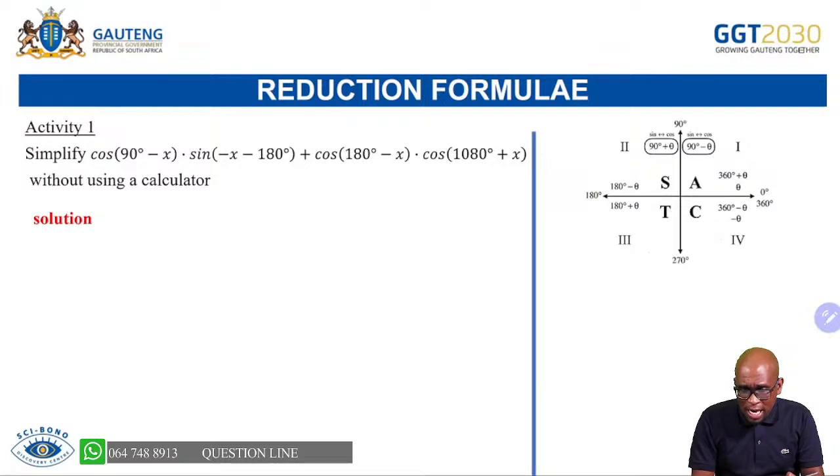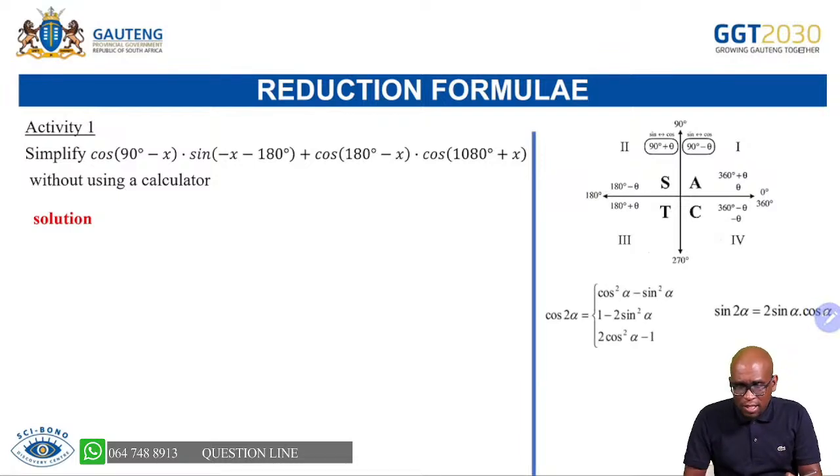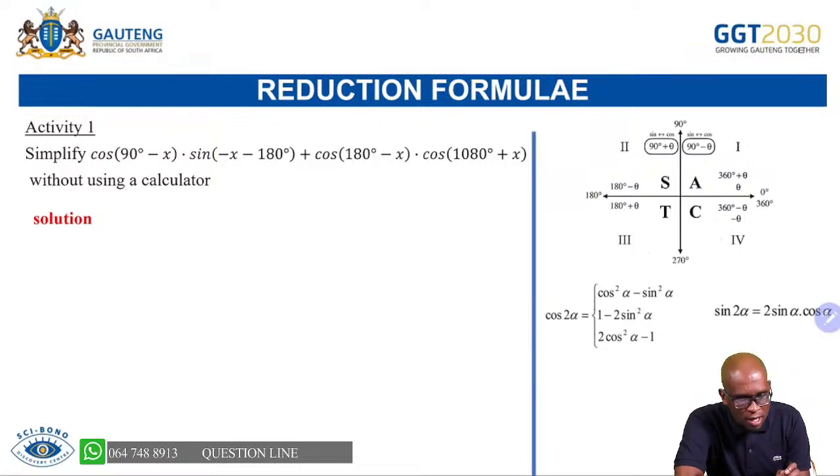There is my CAS diagram there, and there is my formula sheet that I'm going to be using. So it's important to have all those tools with you to assist you to be able to locate the correct quadrants. Now, if we check the first one, this is in the first quadrant.